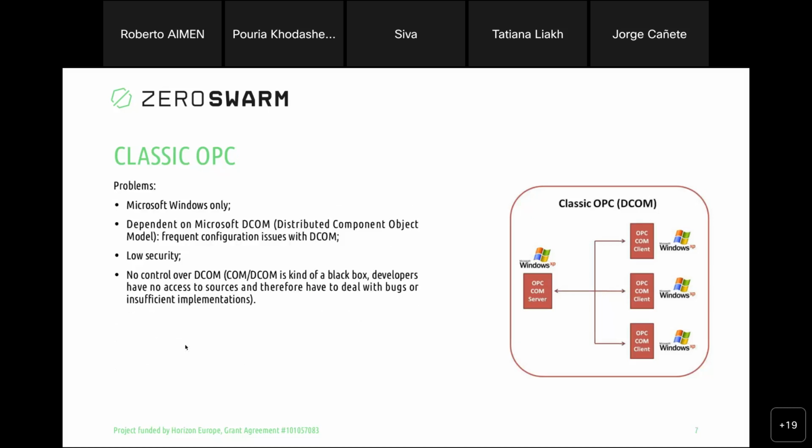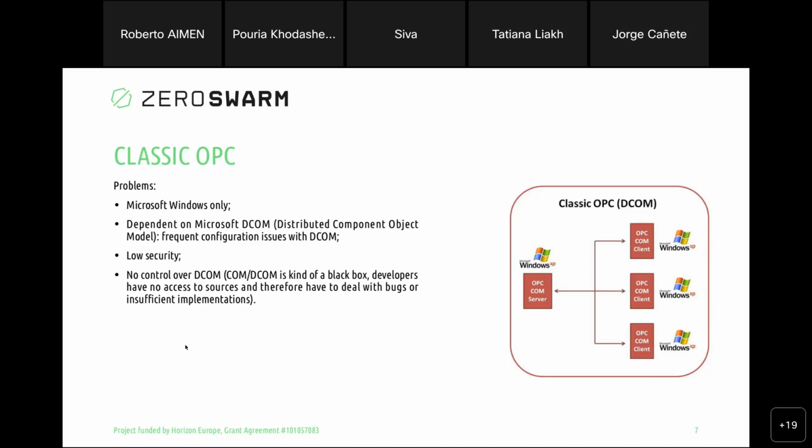The problems of the classic OPC: well, the classic OPC worked well at that time, but had some problems that arose quickly. For example, it was tied to Microsoft Windows only, so there was pressure on companies to be more competitive. They wanted to put OPC on embedded devices and so on, so it didn't fit in that sense.